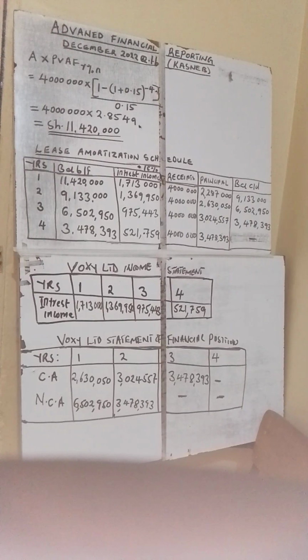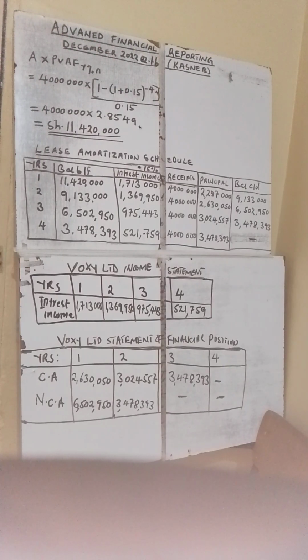Therefore, if this machine would have cost you 20 million shillings, then it will cost you less if you are to acquire this machine through a leasing agreement. So that is what we mean by that point, that a lease is an agreement whereby the leaser conveys to the lessee, in return for a payment or series of payments, a right to use an asset for an agreed period of time.